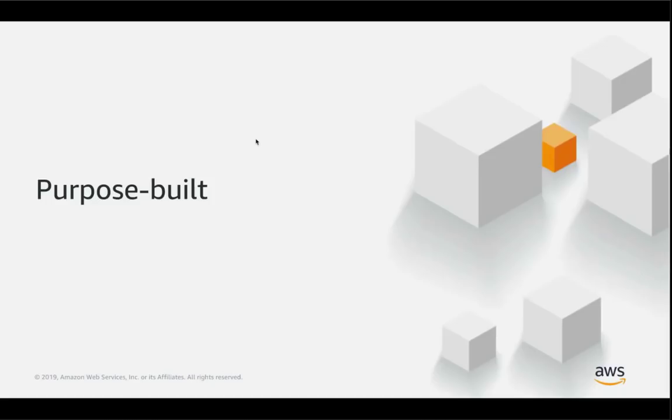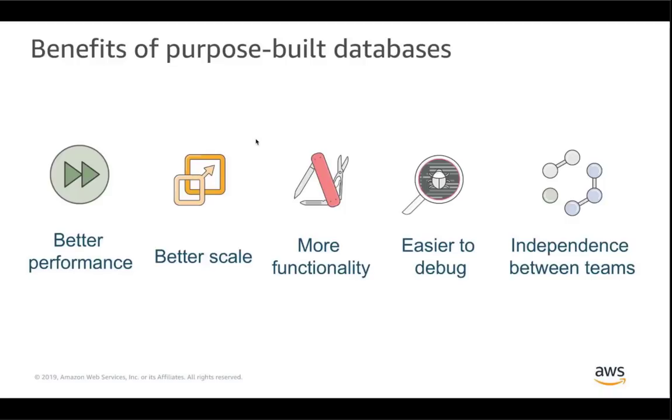All right, so in summary, what we really see with customers using purpose-built databases is really working backwards from the use cases to choose the right technology, the right database for the job. And what this equates to in the end is that they don't have to re-architect or try to do something unnatural, which yields, when you use the right tool for the job, better performance and scale and more functionality for the things that you're trying to do versus trying to build this stuff into the application code.